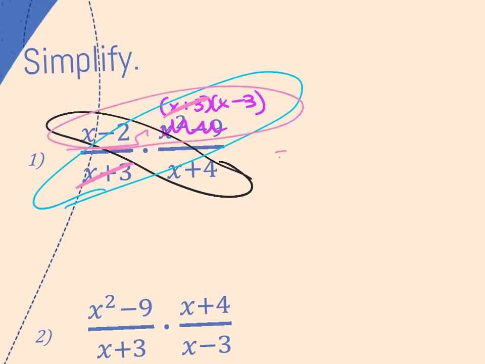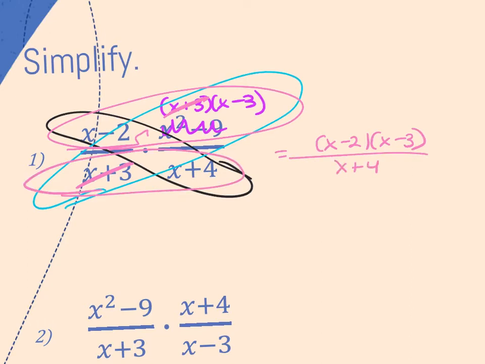So come straight across here, and I have (x minus 2) times (x minus 3). The denominator, I just have x plus 4. And you will leave it like this. So don't then FOIL out x minus 2 and x minus 3. Okay? You want it as simplified as possible, which is this. Questions so far?